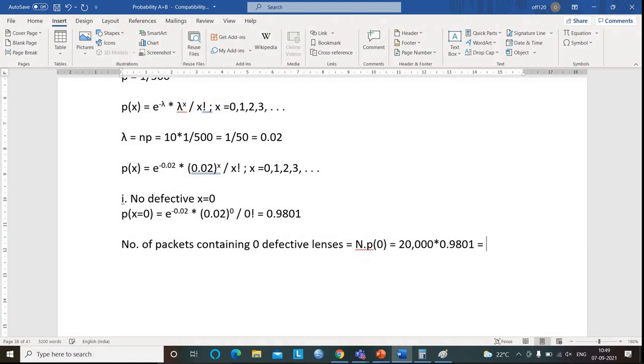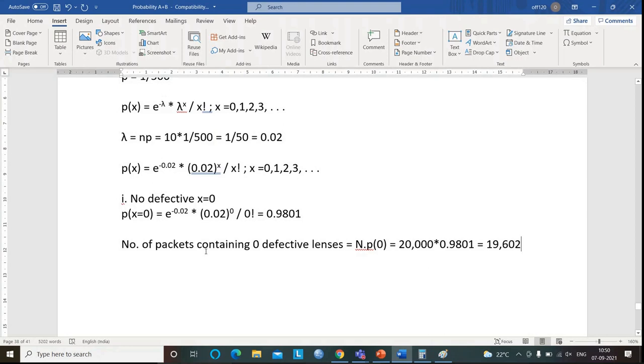That is equal to, we get the answer as 19,602. That means out of 20,000 packets, 19,602 packets are perfectly packed packets. That means without a defective, all the lenses are perfect lenses only.